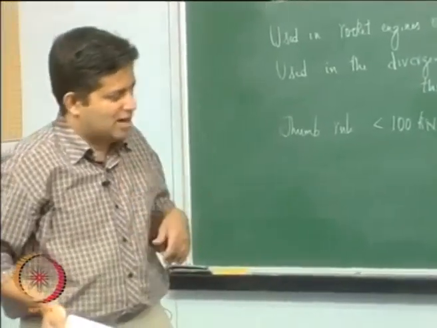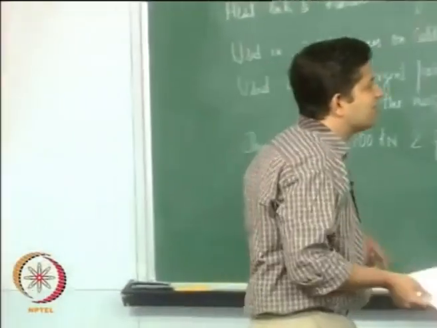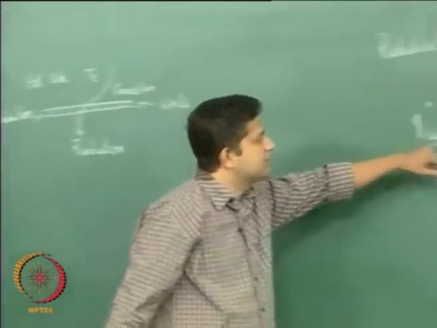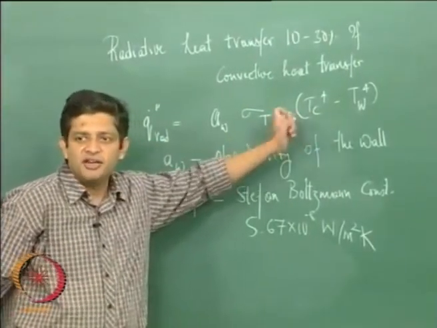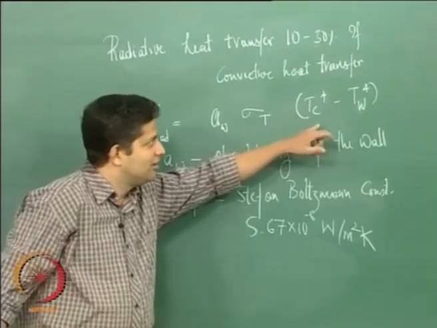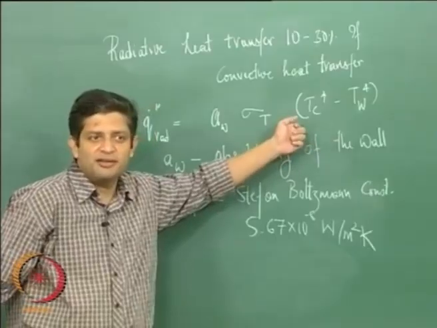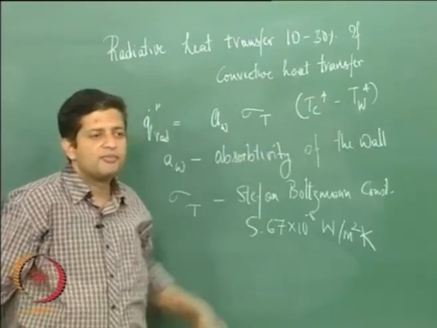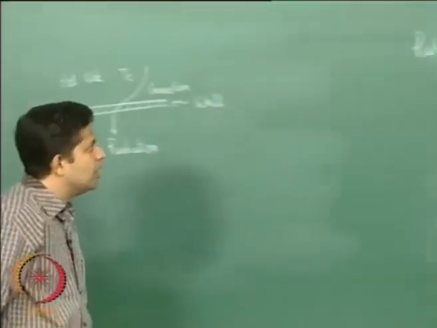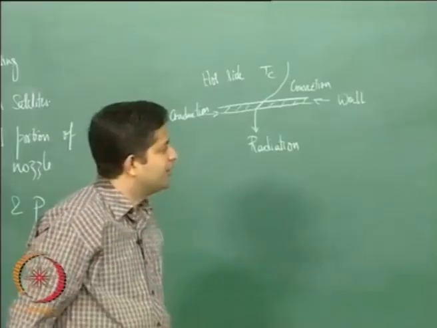Now if you remember the equation that we have written here for radiation, it is very clear. If you want to have the radiative heat flux higher, then the temperatures must be higher, right. It is a very strong function of temperature. So therefore this should be high.